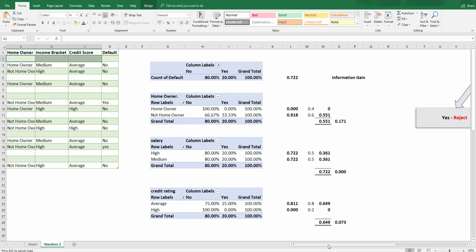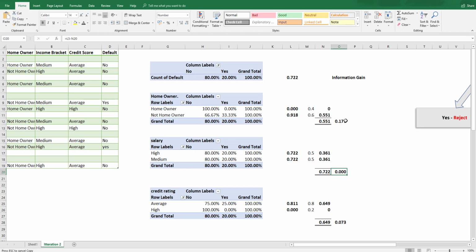Now we can see here that the information gain from salary is now 0. So this would not be our next question. The information gain on whether you have a high or an average credit rating is 0.073, but the highest information gain is if you're a homeowner or not a homeowner.